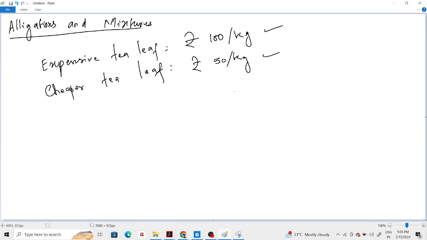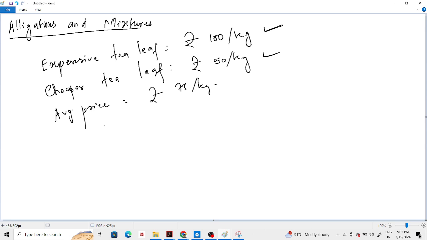Both of them are mixed, and an average price of say rupees 75 per kilo is reached. We are asked to find out what is the ratio of this expensive tea leaf to the cheaper tea leaf. What is the ratio of these two grades in the mixture?